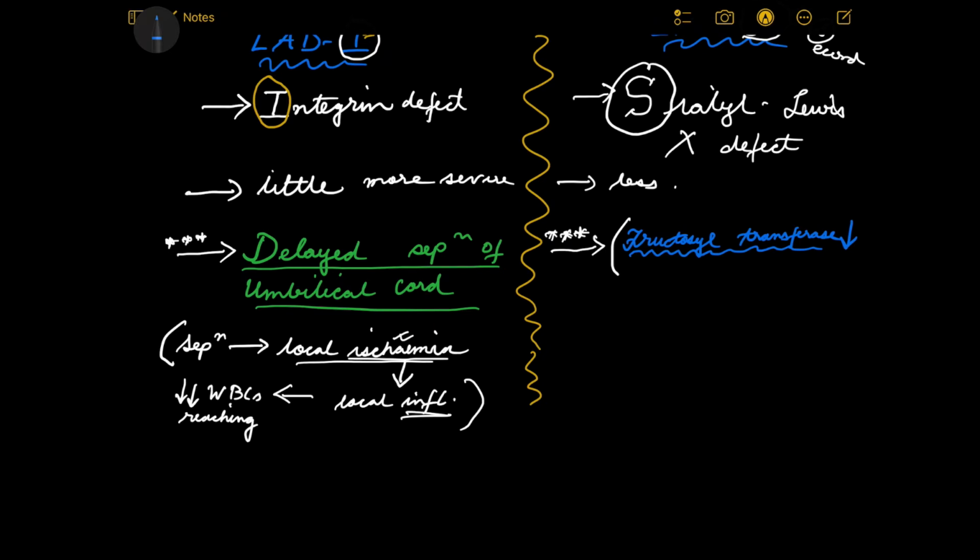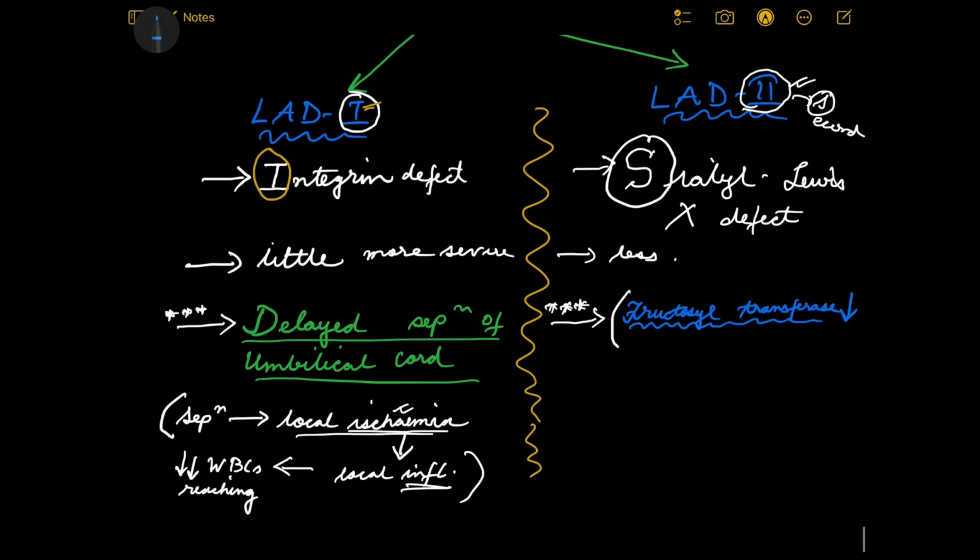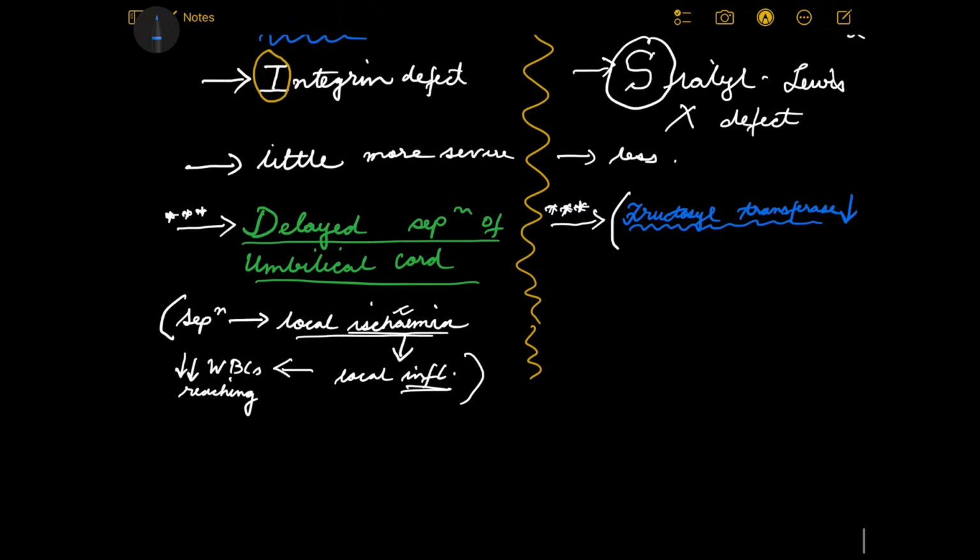Now, this enzyme fucosyl transferase has some other functions as well. That would mean if this is deficient, sialyl Lewis X is deficient, but the other functions are deficient as well, and those other functions will translate to clinical manifestations in sialyl Lewis X defect, which is LAD2. So what are the other functions of fucosyl transferase?